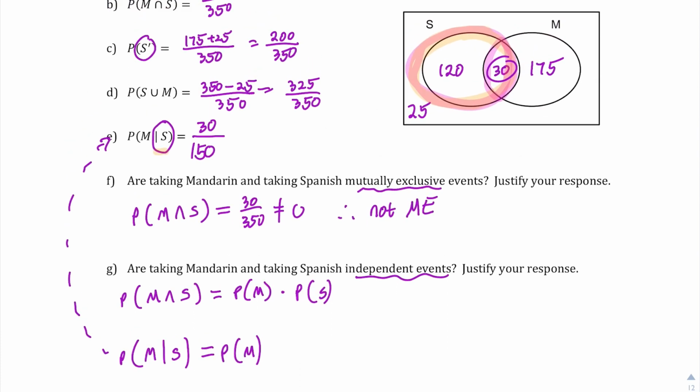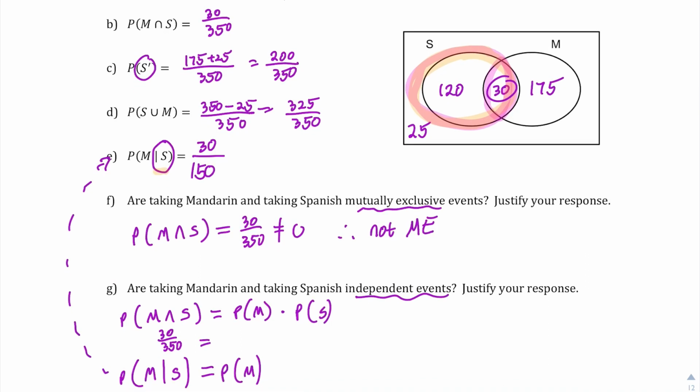So we've already got our numerical values, or most of the numerical values that we need. So the probability of Mandarin and Spanish we figured out from the first question, 30 over 350, and what we're trying to figure out is whether or not that is equal to the probability of Mandarin, which we can read off the Venn diagram.